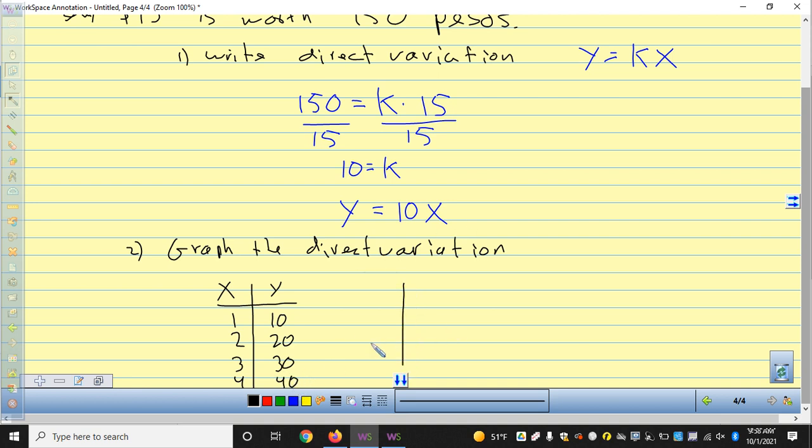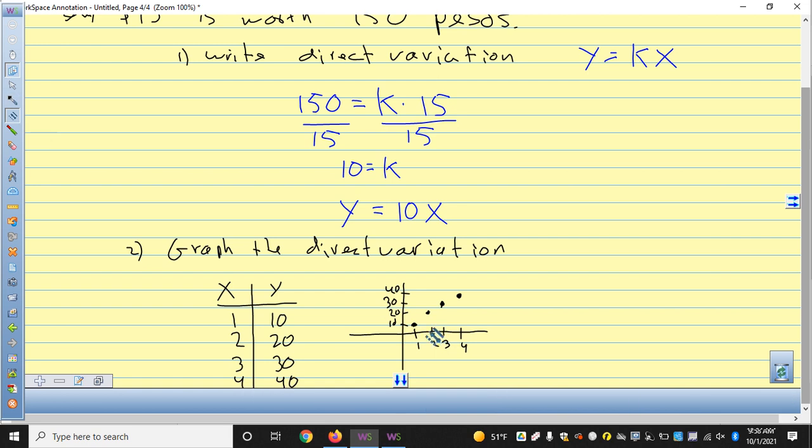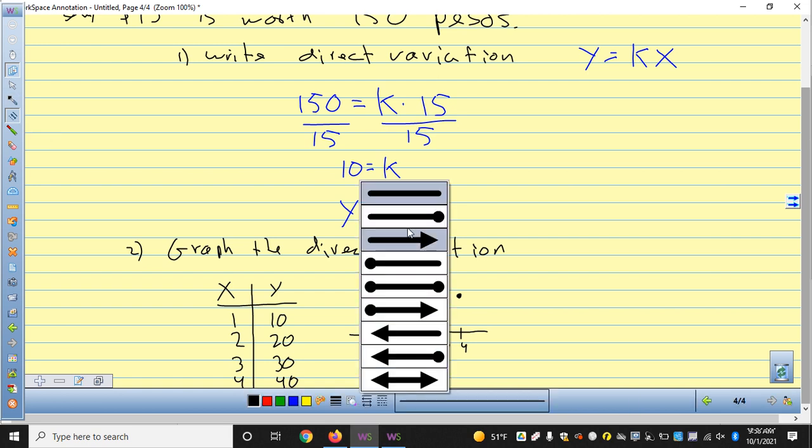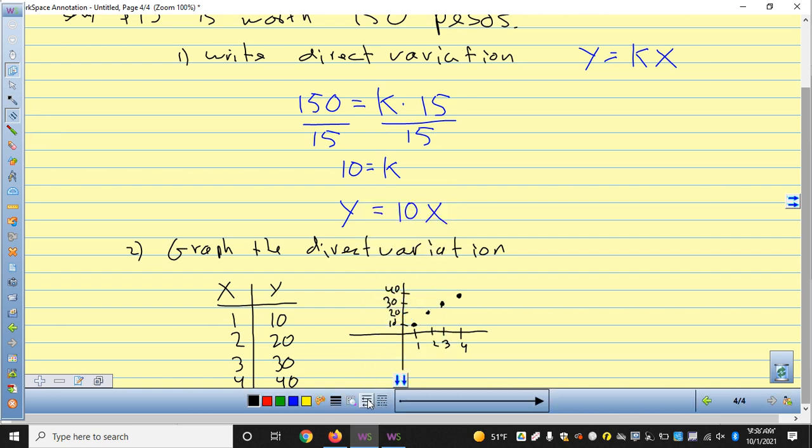And now we're going to make a nice graph. I'm going to do my y-axis by tens: 10, 20, 30, 40. 1, 2, 3, 4. And there is my direct variation graph. Whoops, I wanted this one.